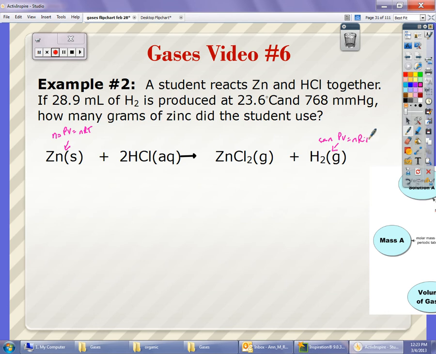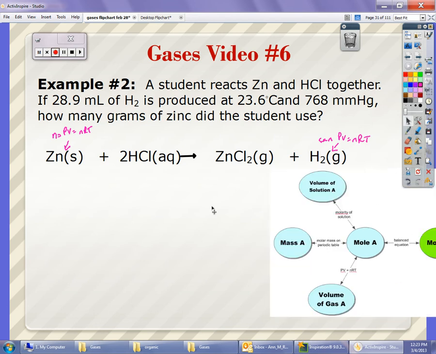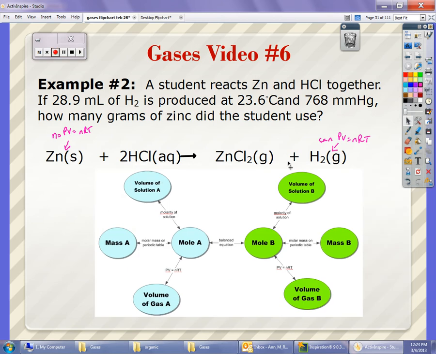I'm looking to see who's a gas. In this case, I am starting off with a volume of a gas, and I want to solve for the mass of a solid. So I'm going to start with PV=nRT here. Once I get my moles, I'm going to do moles to moles with the balanced equation, moles to grams using molar mass.